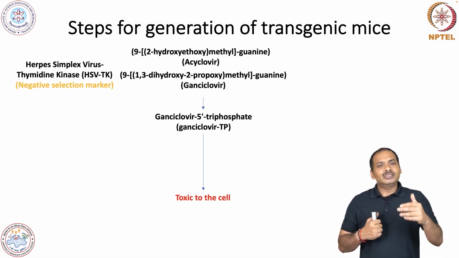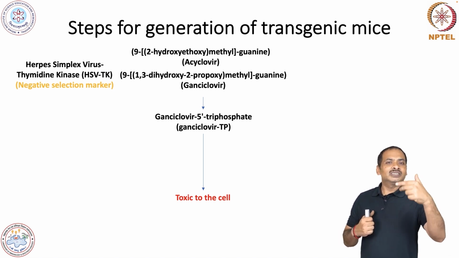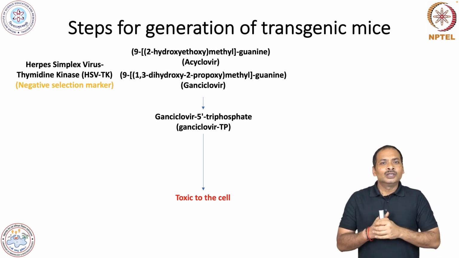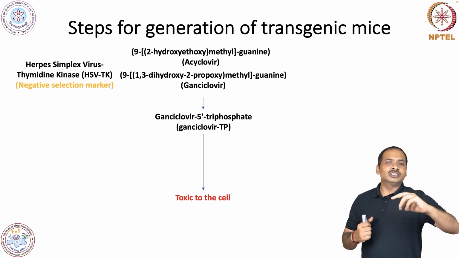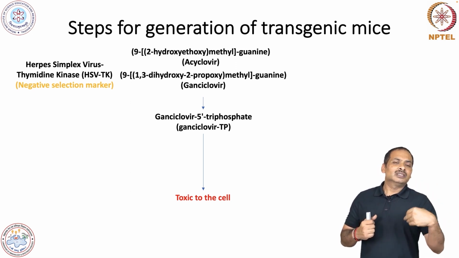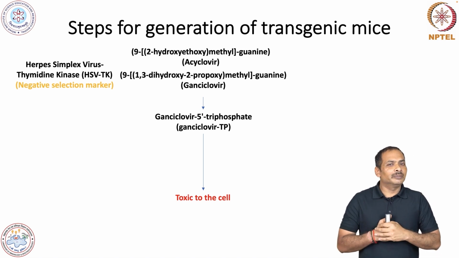What you want is that this targeting vector should be present in the correct locus in the genome. Okay. So, if there is a perfect homologous recombination, then the HSV-TK gene will be kicked off. Okay. And only the neomycin gene will remain there.